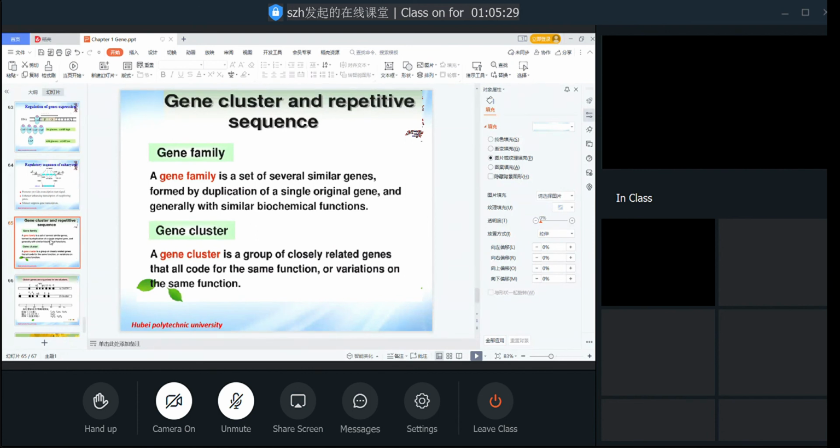The composition is similar. But the gene cluster, physically, are linked to each other. A gene cluster is a group of closely related genes that all code for the same function.